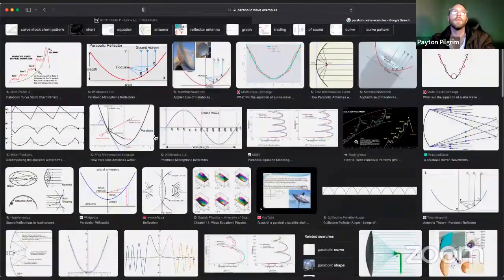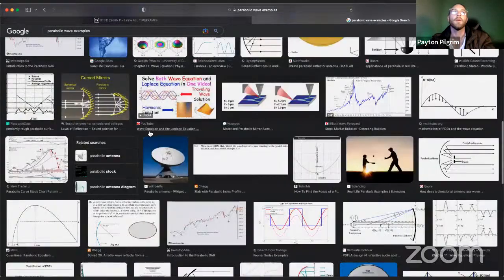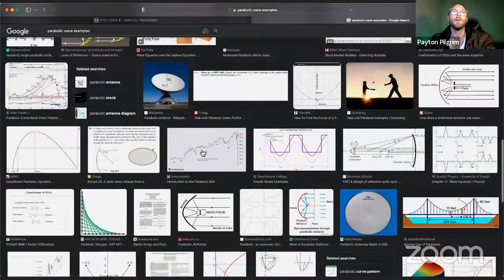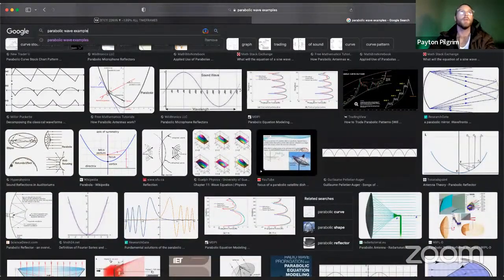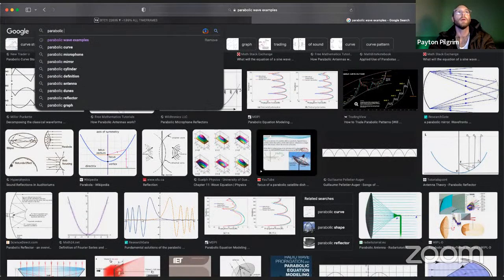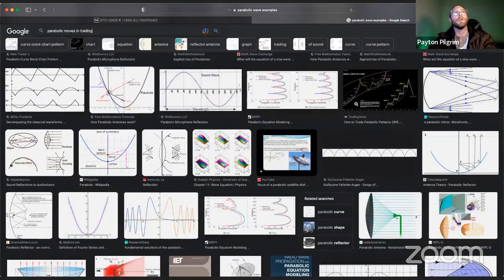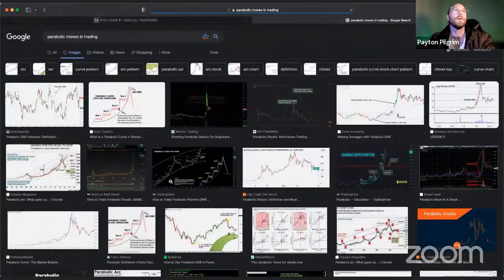Thought I saw one. Almost. Okay, parabolic trading. All right, here we go. This is what I want to look at.